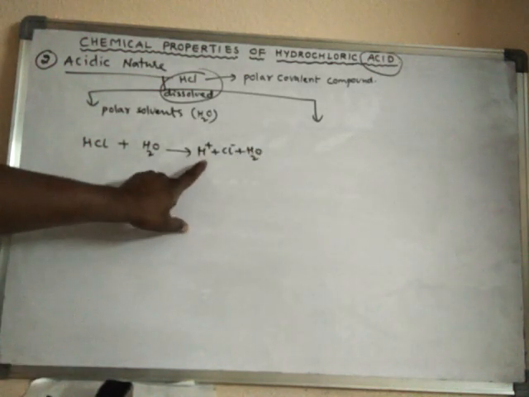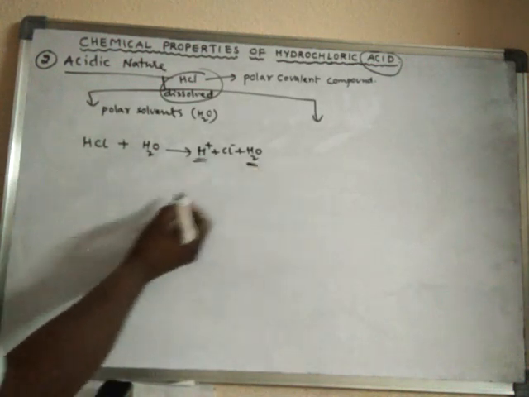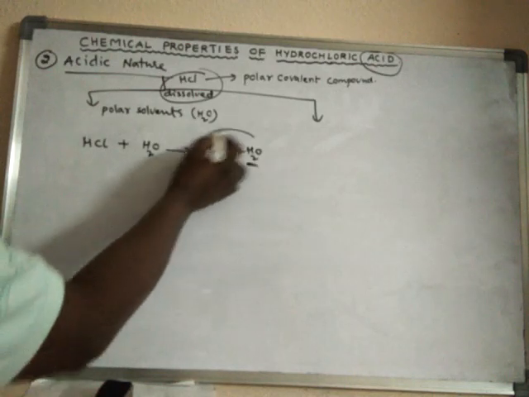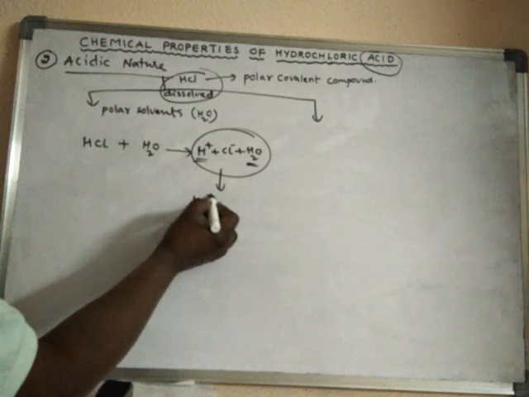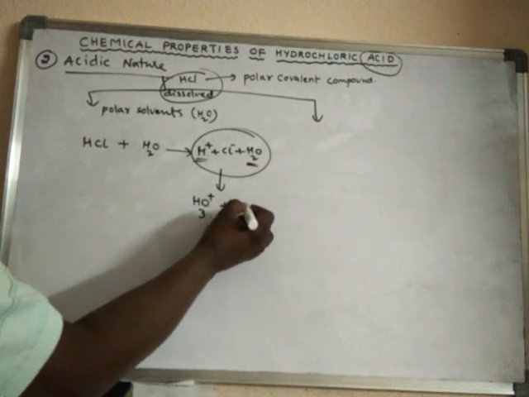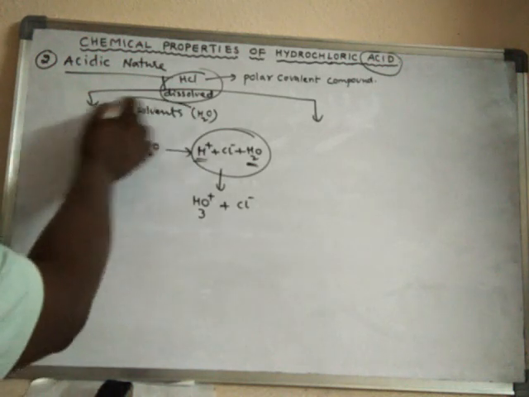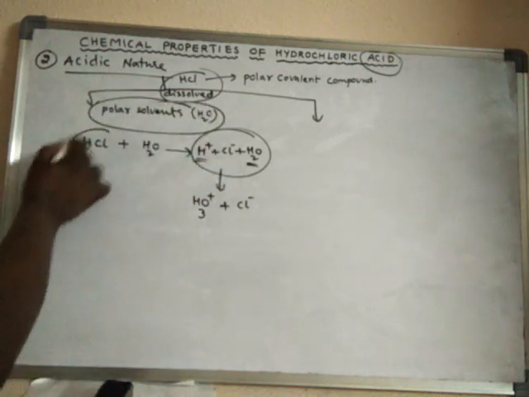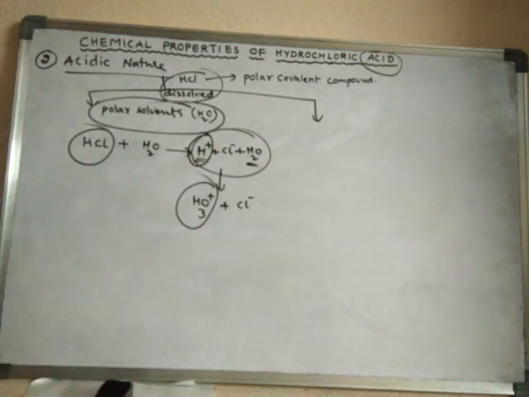Whenever H plus ions are present in water, immediately they combine with water to form hydronium ion, H3O plus, and chloride ions are formed. So in the presence of polar solvents, HCl can produce either H plus ions or H3O plus ions.